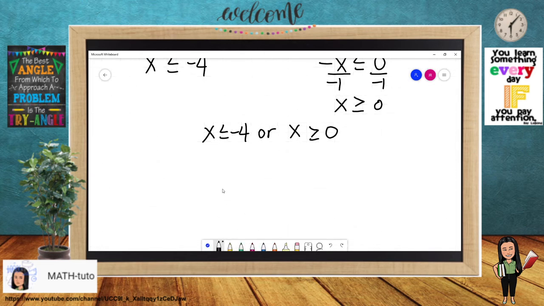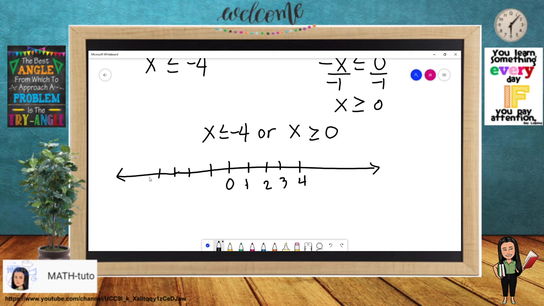Let us show the graph, since this is now our solution set. Sketch the graph. Greater than 0. 1, 2. We need negative 4, so I'll extend to the left. 3, 4, negative 1, negative 2, negative 3, negative 4, negative 5, negative 6, and so on.